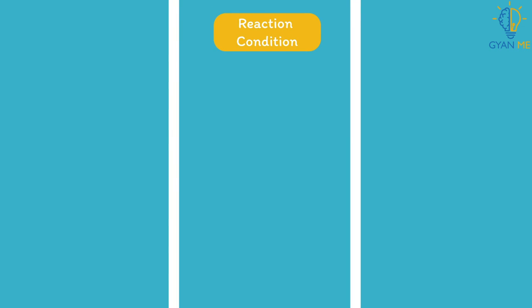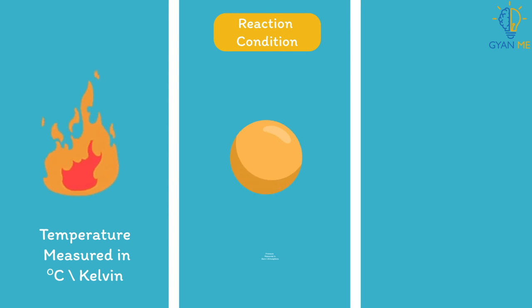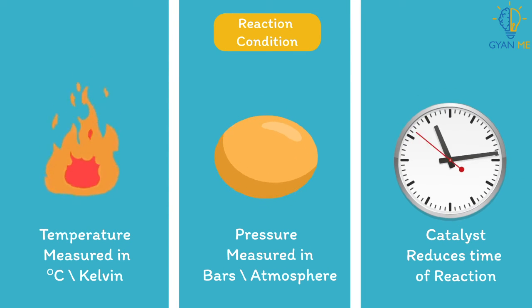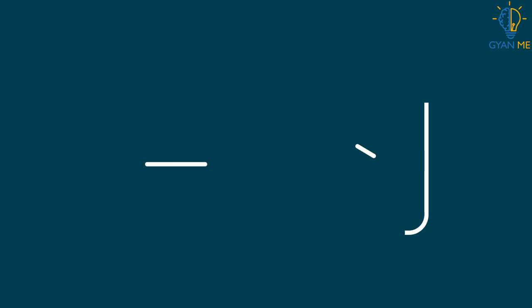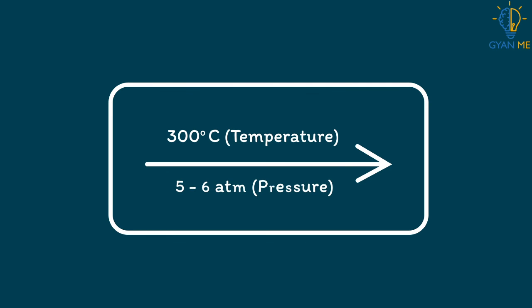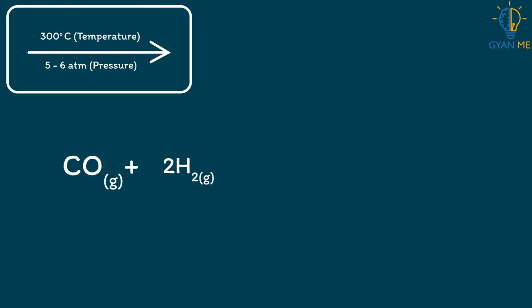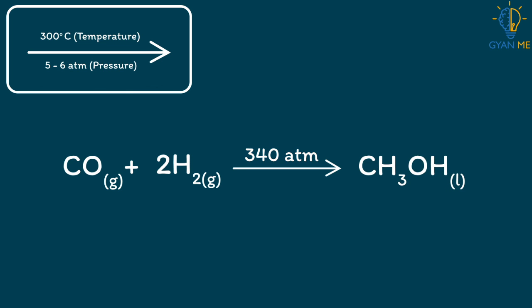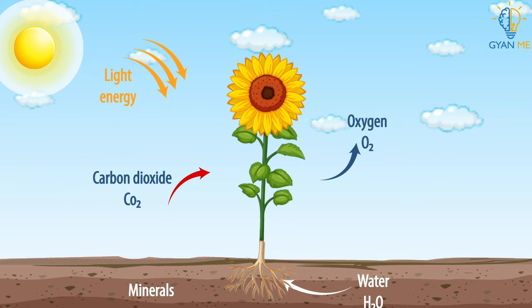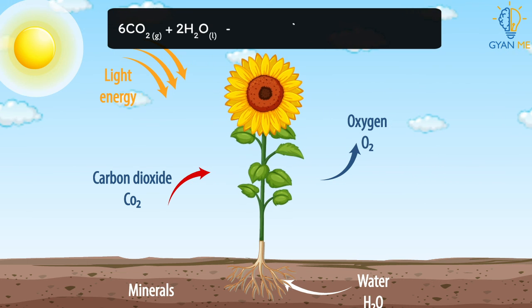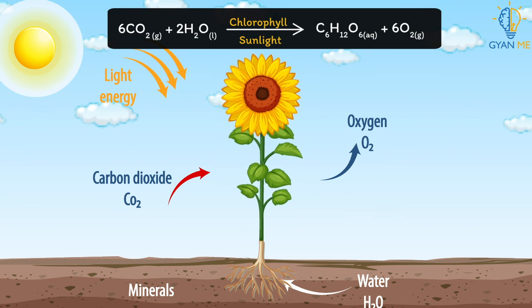Sometimes the reaction conditions such as temperature, pressure, catalyst, etc. for the reaction are indicated above or below the arrow in the equation. For example, when CO reacts with H2, it requires 340 atmospheric pressure, which is written above the arrow, and gives CH3OH. Similarly, during the photosynthesis process, conditions are also mentioned on and above the arrow.